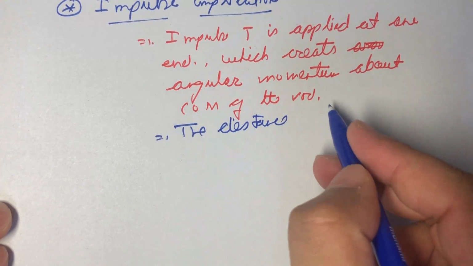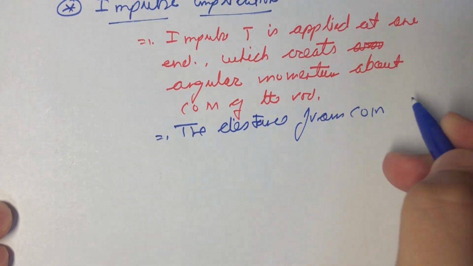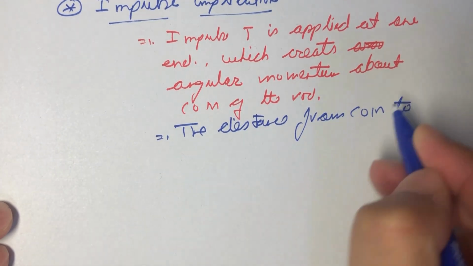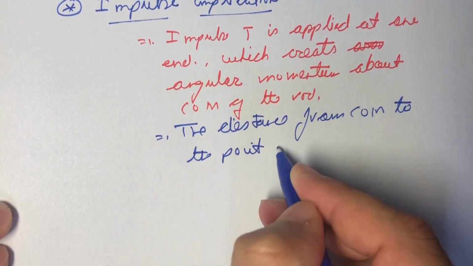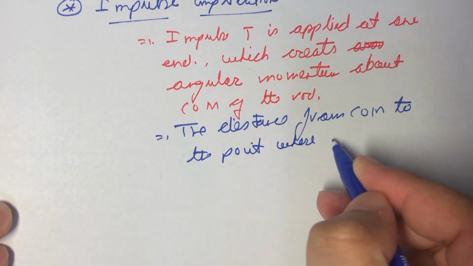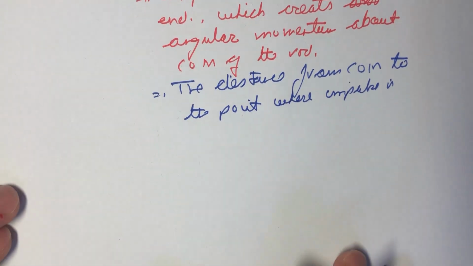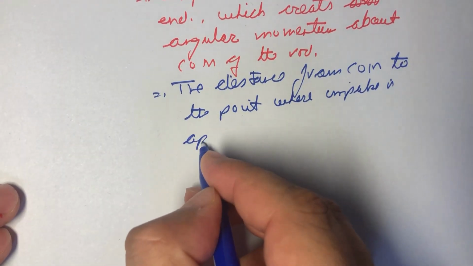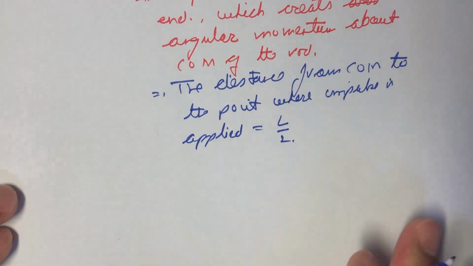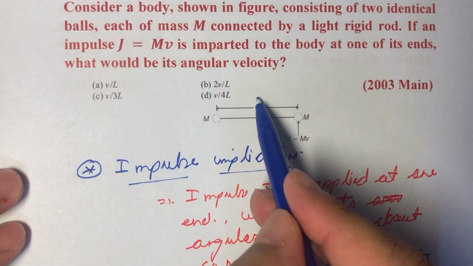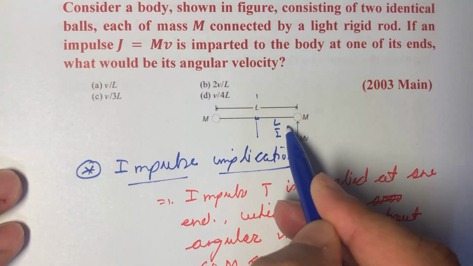The distance from the center of mass to the point where impulse is applied is equal to L by 2. So this is our center of mass, and this distance is L by 2.